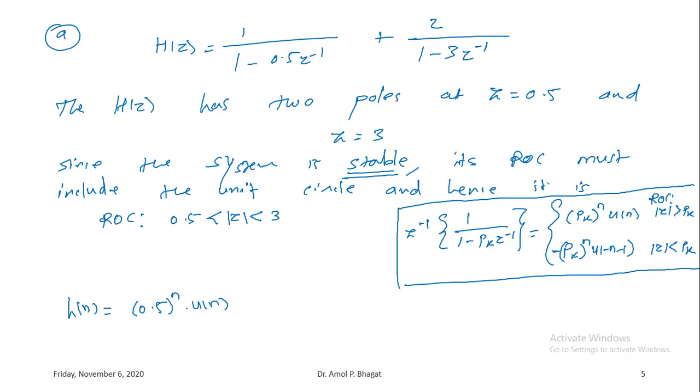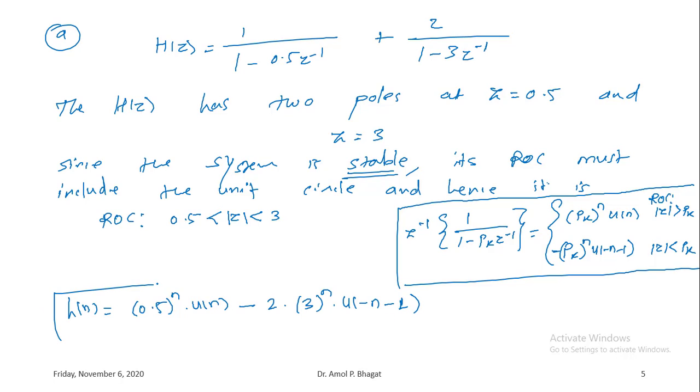But for the second term, the ROC value is less than the pole value, that is mod z is less than 3, so you can utilize the second form. This 2 is a constant, so a minus sign will be there: minus 2 into the pole value, which is 3, so 3 raised to the power n into u of minus n minus 1 will be there.